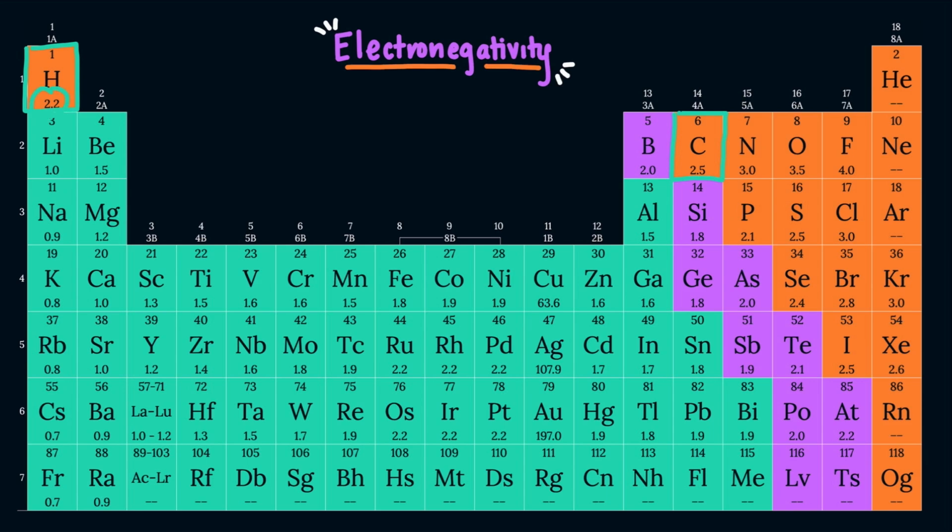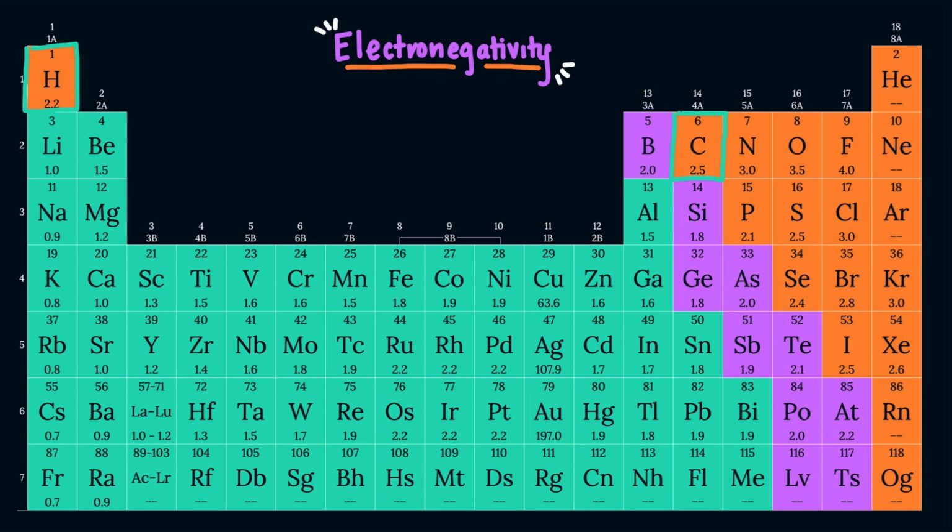And this is up for discretion. Hydrogen, usually in textbooks, is 2.1. However, the chemistry community has recently changed the electronegativity of hydrogen to 2.2. So I'm just using the updated number. But either way, whether you use 2.1 or 2.2, you will get the same general answer. Carbon is 2.5.